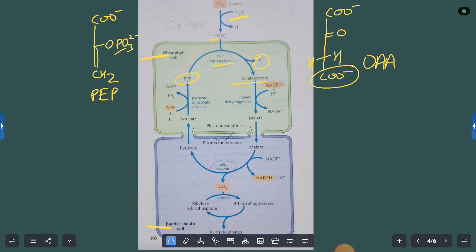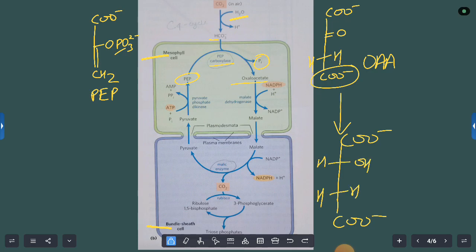This oxaloacetate is converted into malate, malic acid.